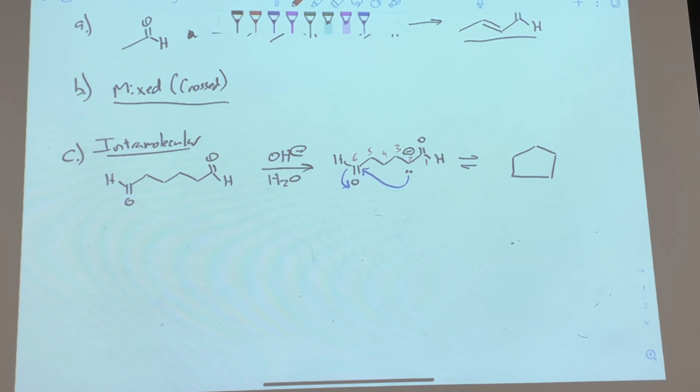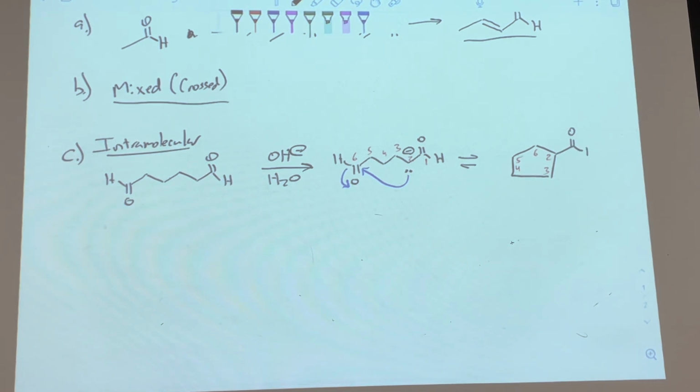What I'm going to do now is number it in the same way that I did it just a second ago in the previous step. So I've got carbon 2, 3, 4, 5, and 6. Carbon 1 is hanging off. It's not part of the ring, so it's just sticking off carbon 2 there.